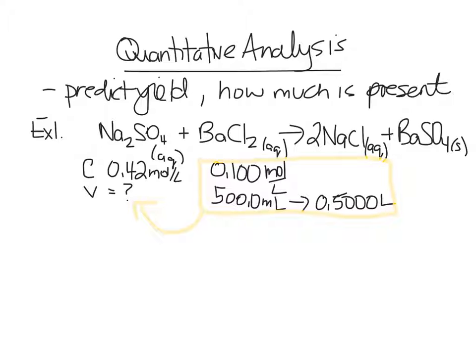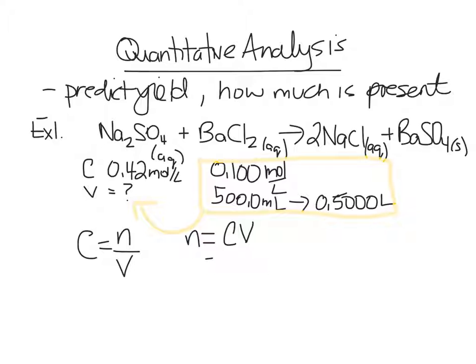So, we know concentration is equal to moles divided by volume. So if we have concentration and we have volume, we can find moles. So moles is equal to concentration times volume. I'm going to use formulas first, and then I'll show you using dimensional analysis.